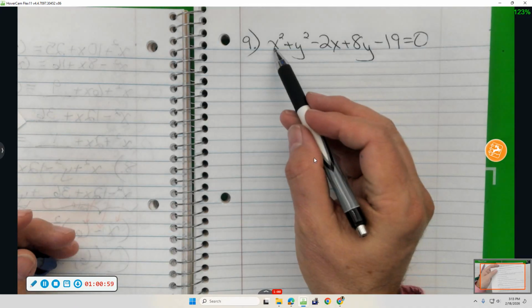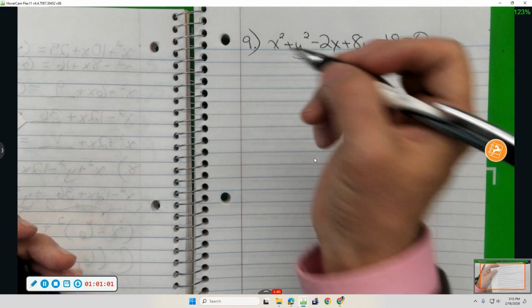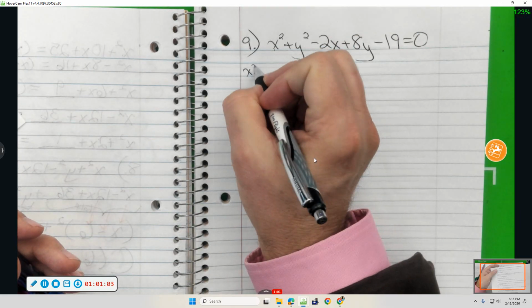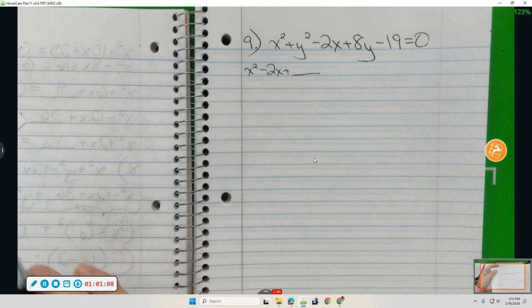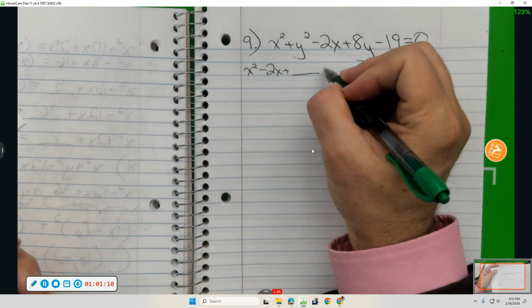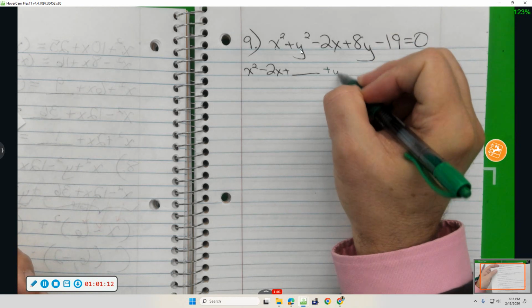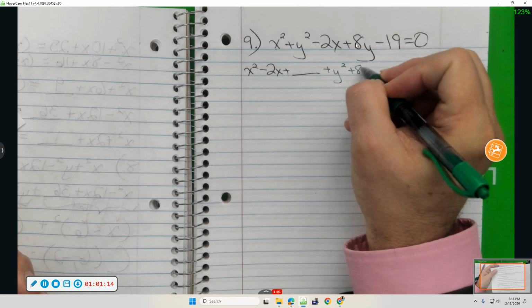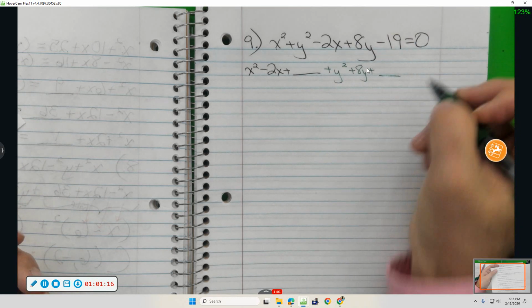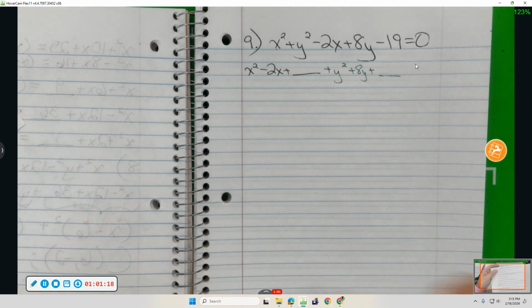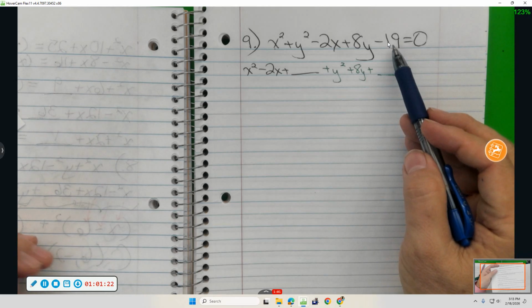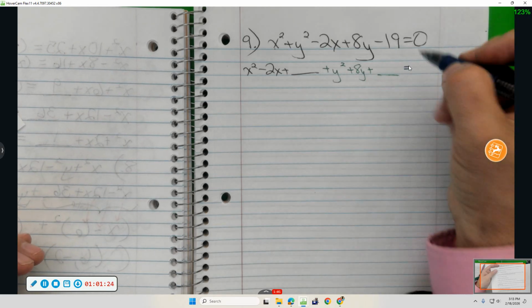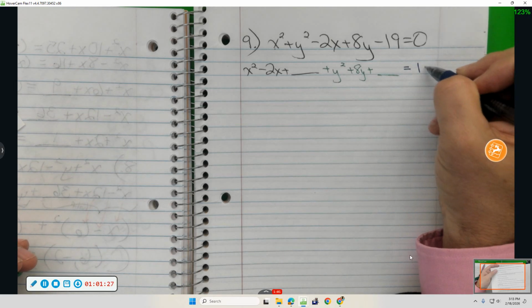Next, we group our x terms together. x squared minus 2x plus, skip some space. Group the y terms together. y squared plus 8y plus, skip some space. The constant term you put over onto the right, so that becomes a positive 19.